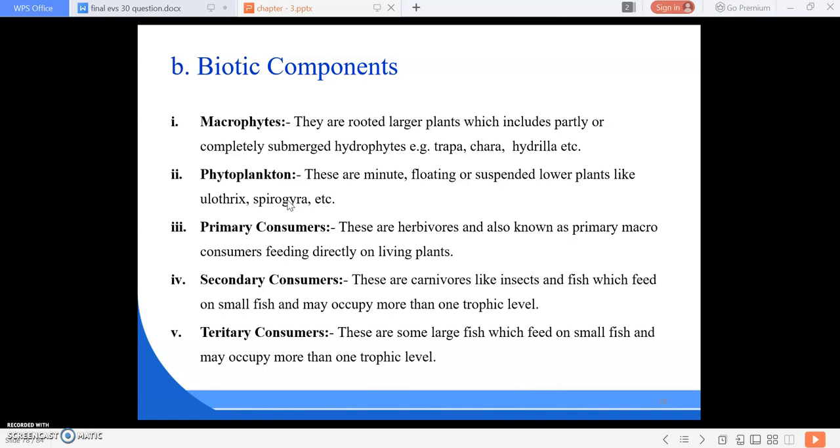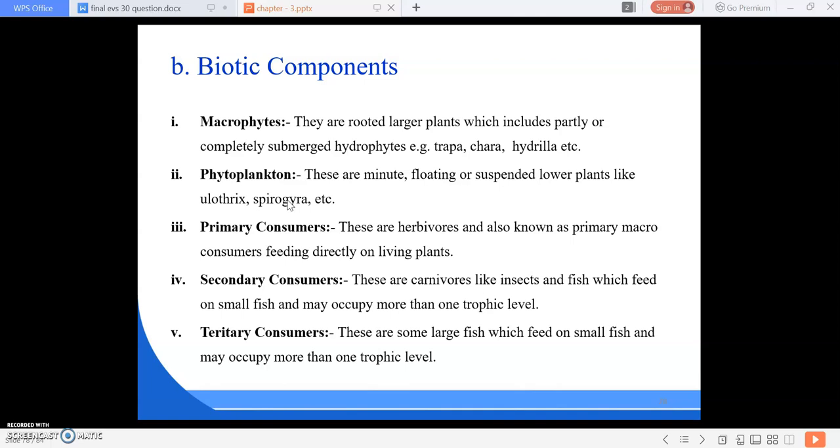Next is our phytoplankton. These are minute floating or suspended lower plants like Oedogonium, Ulothrix, Spirogyra, Cladophora, and some flagellates.